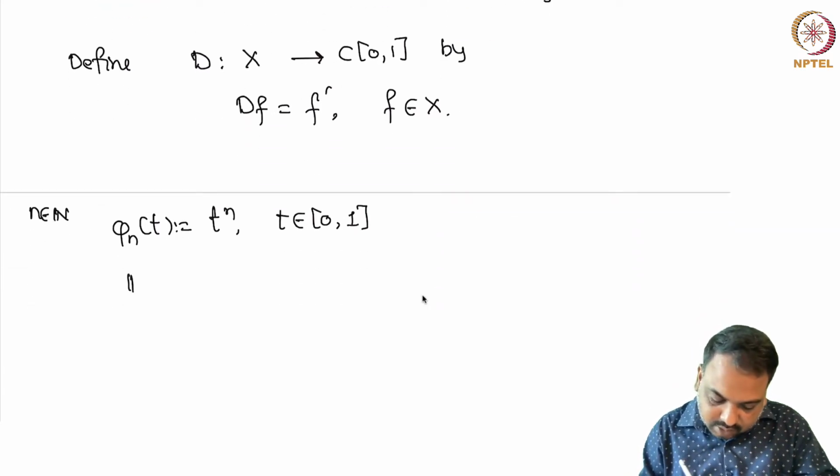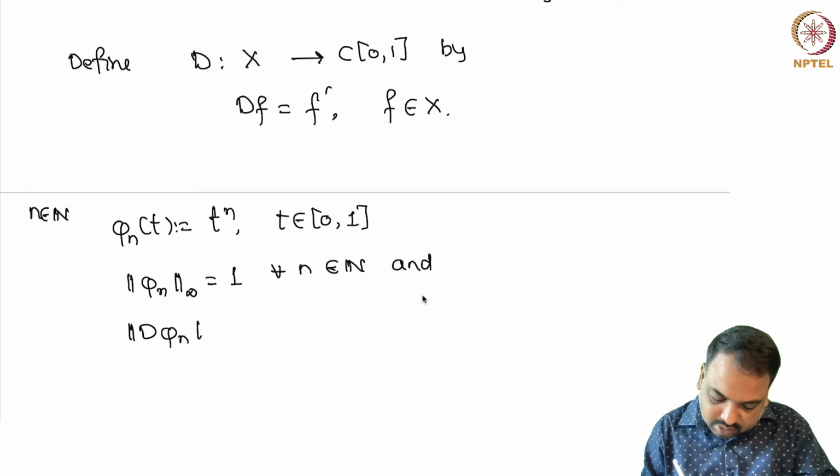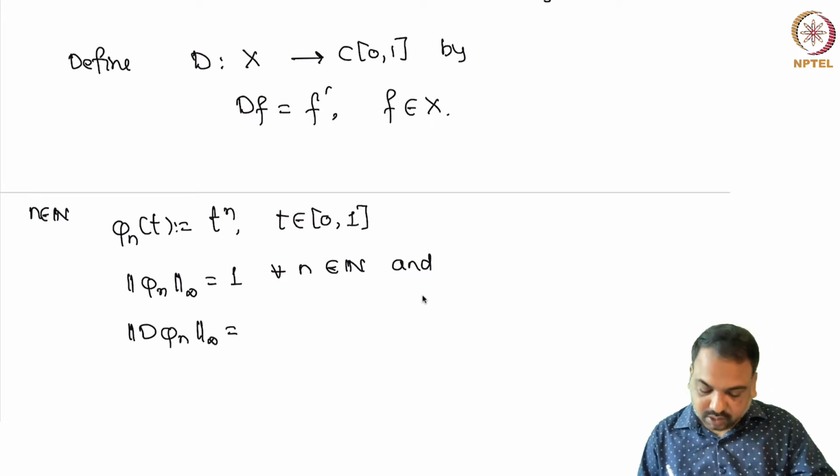So the sup norm of phi_n is 1 for all n, and if you look at the norm of D phi_n, on C[0,1] also we take the supremum norm.